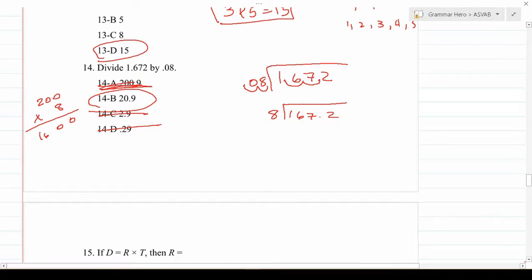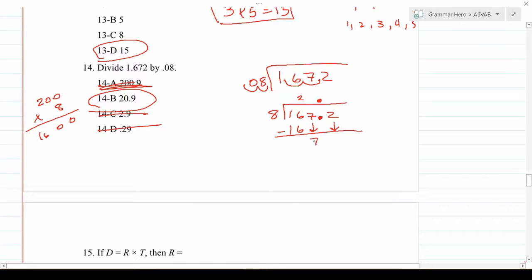8 goes into 16 2 times. 2 times 8, of course, is 16. Subtract, 16 minus 16 is 0. Got to bring down this 7 and bring down this 2. Now, when we move the decimal, the way you use it when you're doing long division is you just bring it right up in its same place.